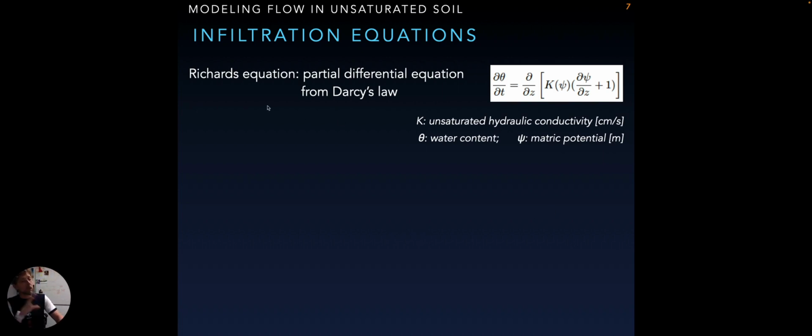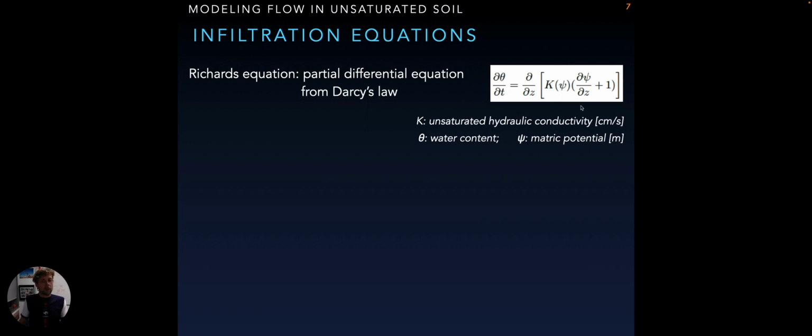And now we're coming into some crazy equation that I won't be spending too much time on. But you can see that crazy equation right here, which is a differential, in fact a derivative, of Darcy's law, where we find again the hydraulic conductivity, but this is for unsaturated soil. We have the water content and the matric potential being expressed.